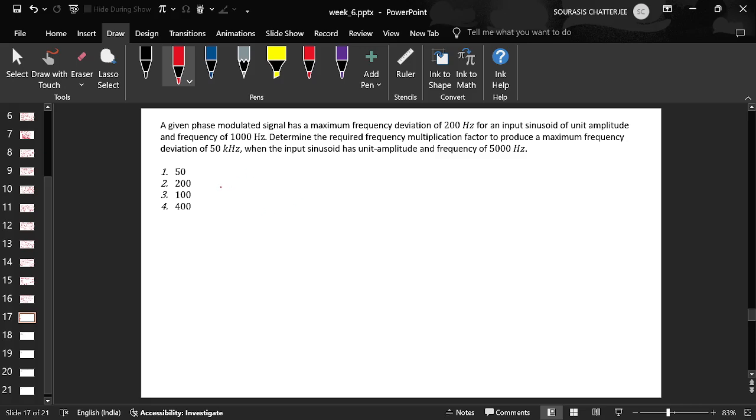So actually you have a narrowband FM. Narrowband FM basically corresponds to the case when your frequency deviation is much less than the message frequency. So what you do, actually you pass it through a frequency multiplier to obtain a wideband FM signal.